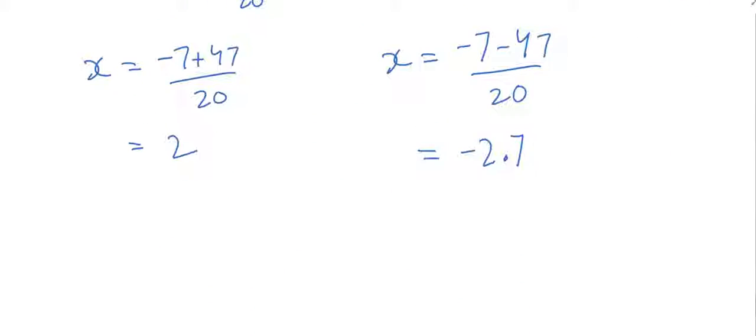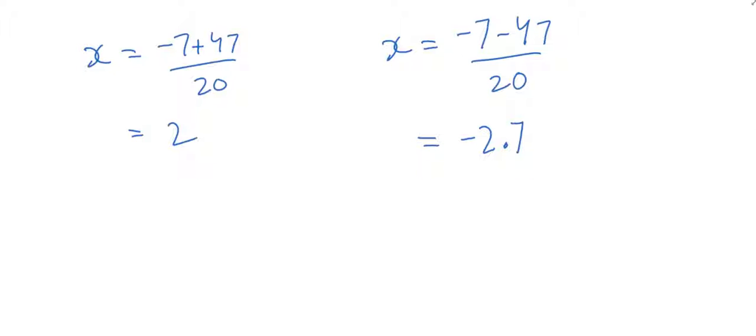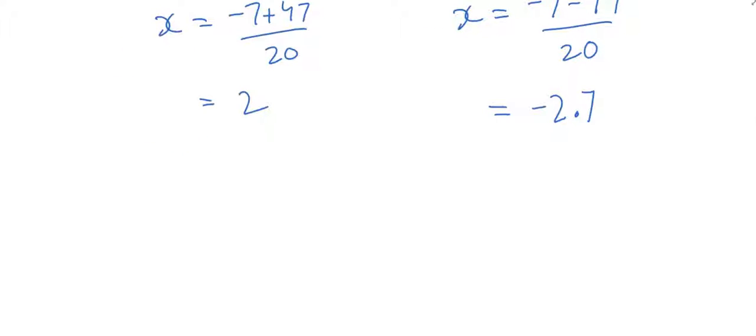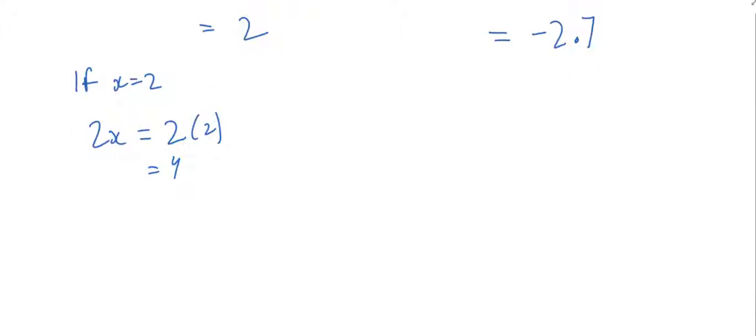Well, now I have two possible values for x. So if I use this one, I'll get 4 and 10. What do we know about that, though? Let's try it. So if x equals 2, 2x equals 2 times 2, which is 4, and 5x equals 5 times 2, which is 10.